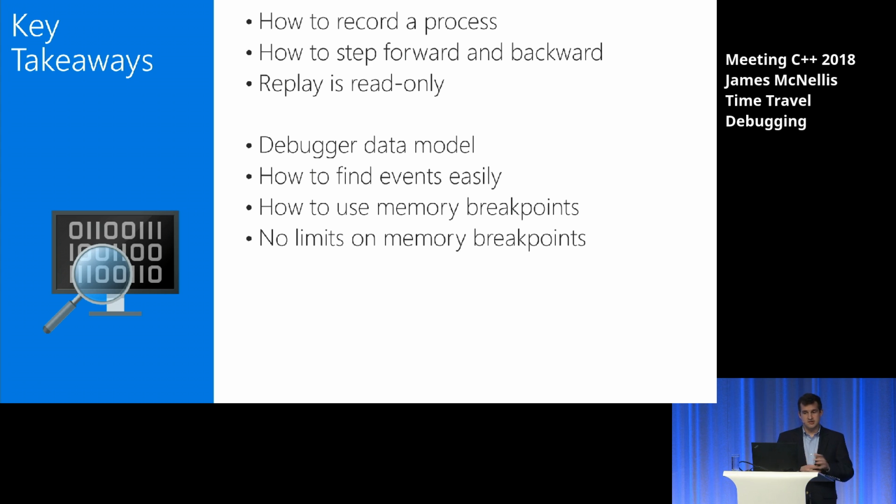With TTD, there's no limit. If you wanted to, you could set a memory breakpoint on the entire address space of the process, and then we would stop many times per instruction because each instruction reads the instruction and whatever its arguments are. But you could actually do that, and there's no limit there. So that's another capability that TTD has.